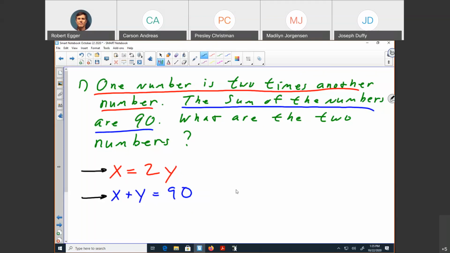So what I'm allowed to do here is combine these two guys. This x and this x is the same, which means that x equals 2y.